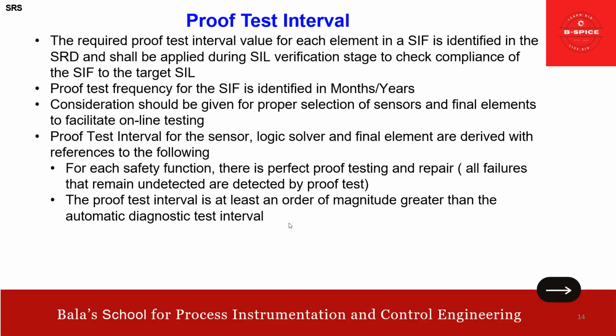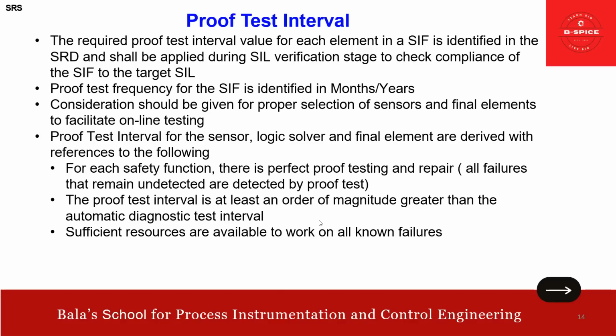For example, if you have an automatic diagnostic test interval of 6 months, then for proof test we can go for 1 year. Sufficient resources are available to work on all common failures, known failures. Manufacturer recommendation. All these we need to consider, friends. Proof test, in fact, I'm going to cover in detail in a separate session, that is the SIL classification and verification.